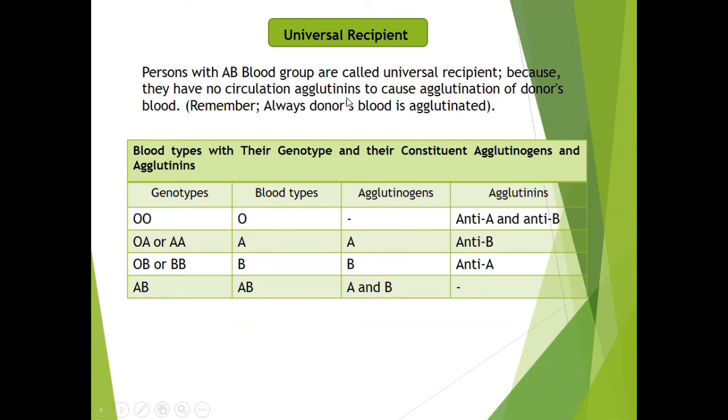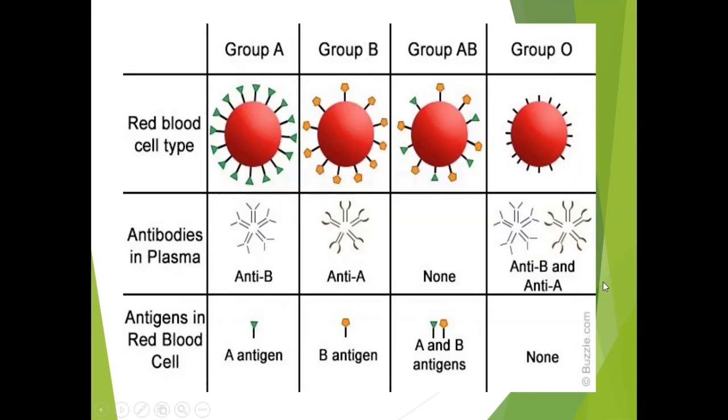As I have discussed, in AB no antibodies are present in the plasma, so they may not cause agglutination. Okay, so this is the genotype, and all of this is discussed in this table.